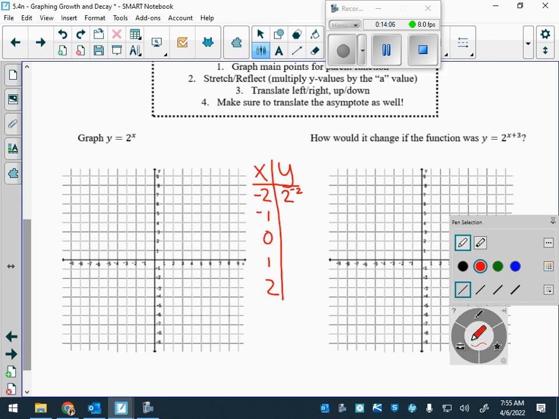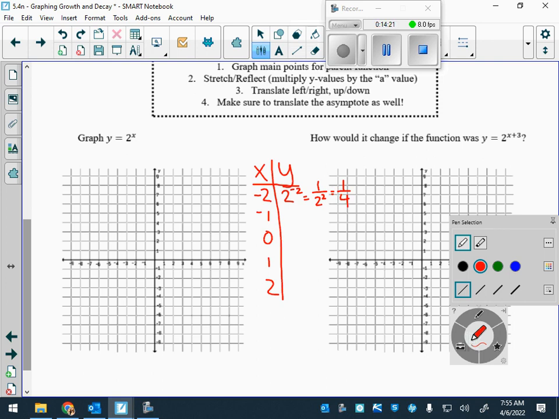What would that be? Excellent, good. Because the negative exponent, 1 over 2 squared, gives you 1/4.